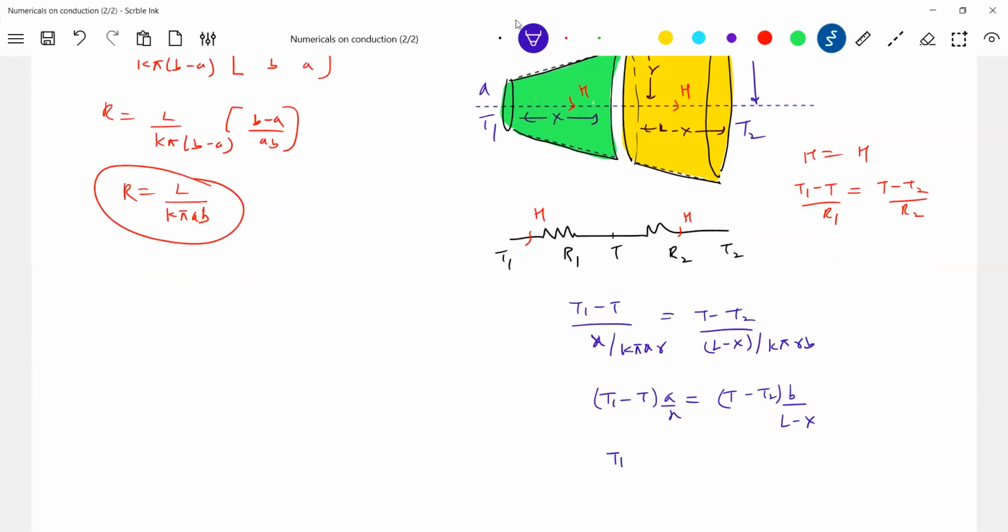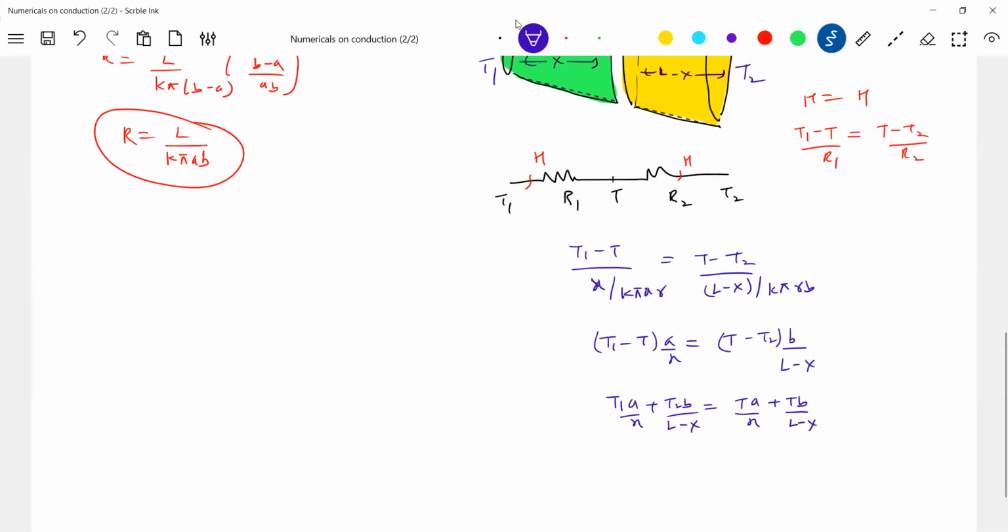Okay, let me simplify this. TAX plus TB(L minus X) equals T1A(L minus X) plus T2BX.